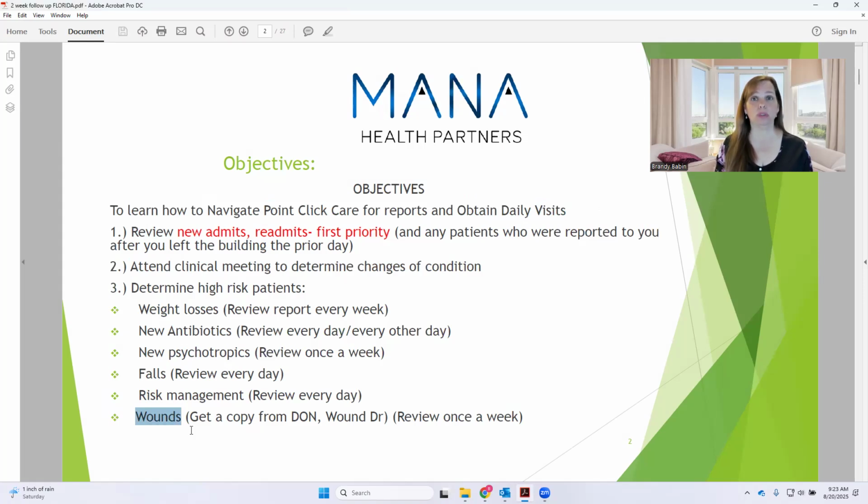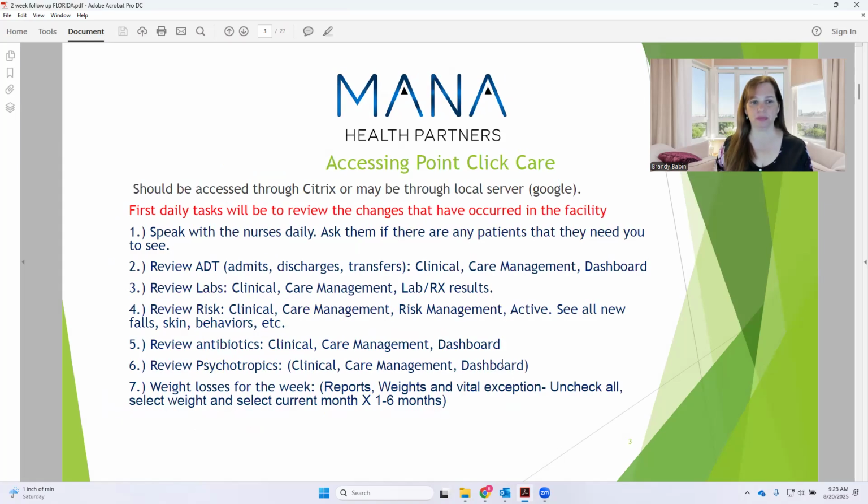So getting that wound list either from the DON, my thought is to get it from the wound doctor before they leave, or have them email it to you, or you can get it from the wound nurse. Any place you can get it is important enough to get it, but the wounds you're not able to get from Point Click Care.